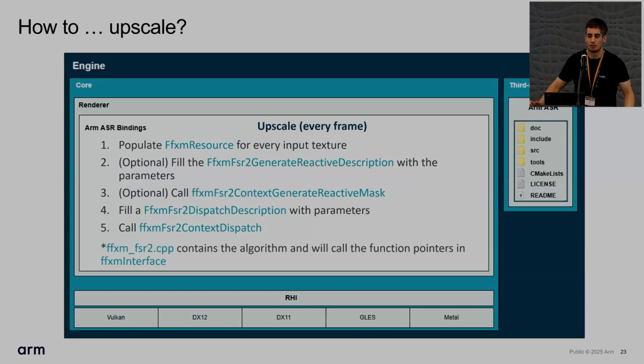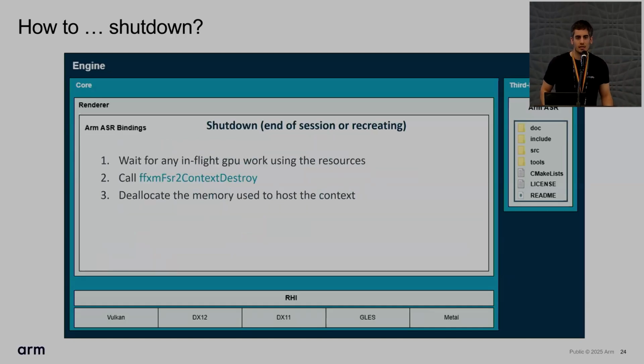If you want to go for a full tight integration, you might want to keep an eye on this file, which contains the actual implementation of the algorithm. I recommend taking a look at how things are called, what information you provide, and how that data is going to be used internally by the algorithm. And finally, clean things up: just destroy the context, release the memory, job done.